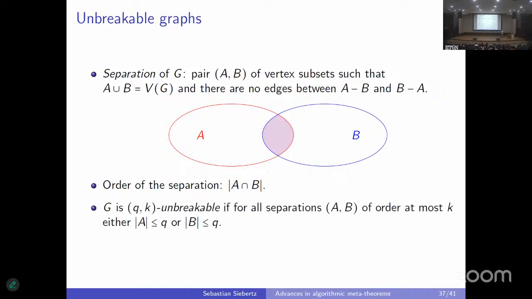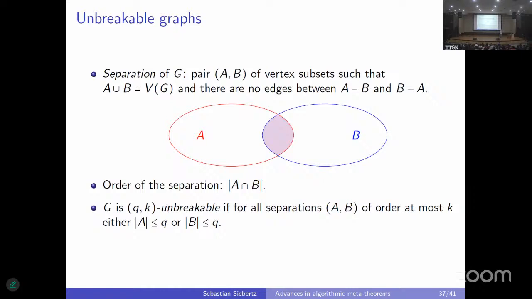I call the graph q-k-unbreakable if I cannot break the graph in a balanced way. So if every separation of order at most k falls in this case, one of the sides must be small: either A has at most q vertices or B has at most q vertices.